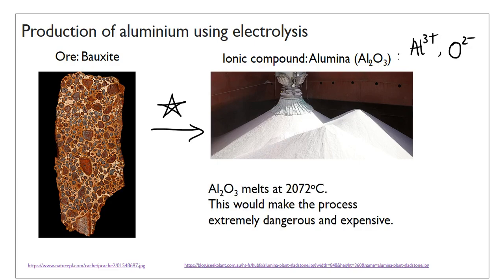Now, there is a problem with this, and the problem is that alumina or aluminium oxide melts at 2072 degrees Celsius. So you think 600 degrees was bad? This is extremely high, and the process is extremely dangerous and expensive if you just melt pure aluminium oxide.